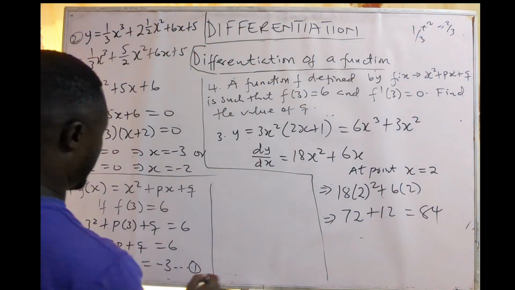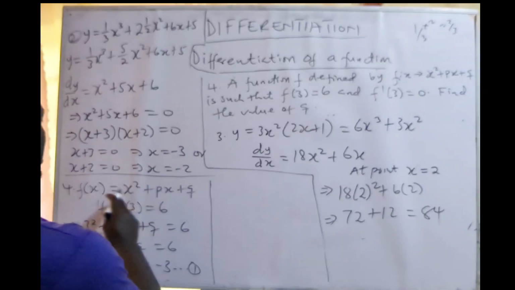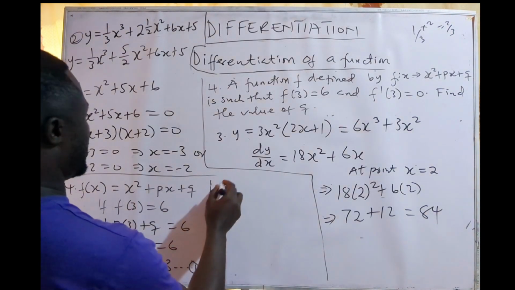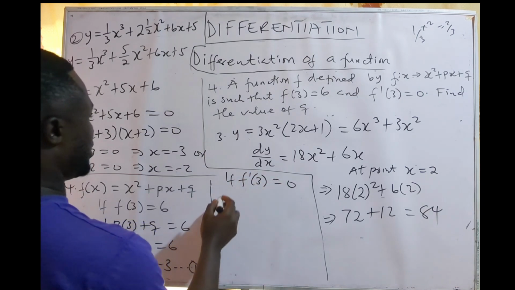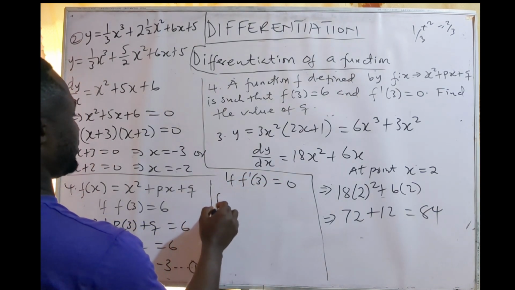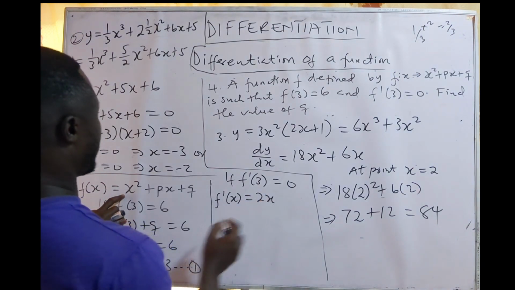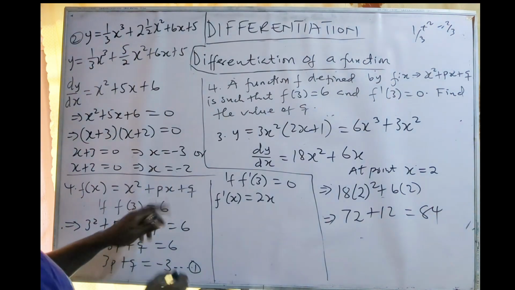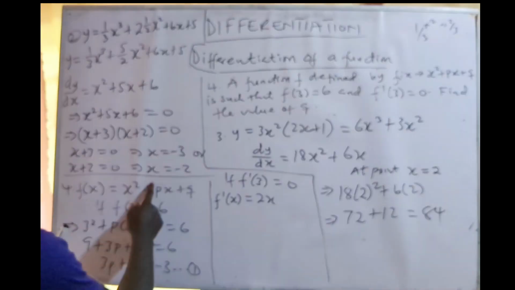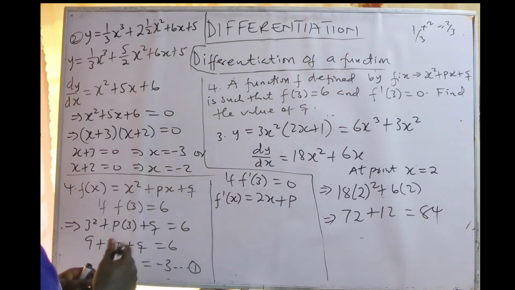Then the next one says f prime of 3 is 0. So f prime is the differentiation of f of x. If f prime of 3 is equal to 0, then f prime of x in the first place will be 2x. Then px gives us p, and q is a constant, so it will be 0.